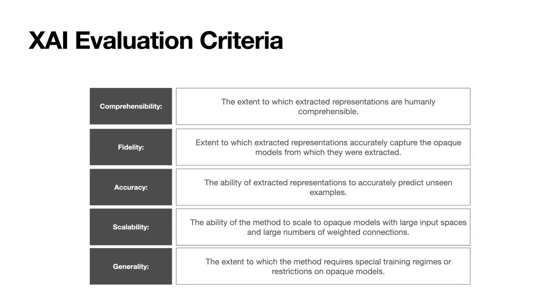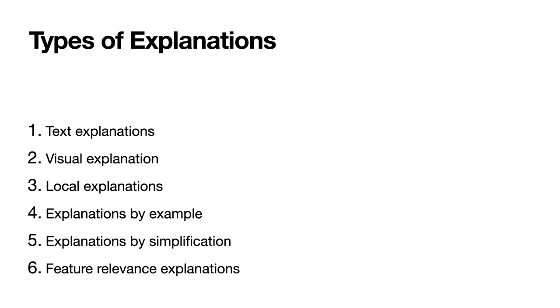And as I said, because some of these properties are difficult to quantify, we are left with more informal arguments about what all of this means, but nonetheless, they're extremely helpful, at least at an intuitive level, to argue why one technique might be better than the other. The other facet to think about is the types of explanations we can offer, and these are fairly self-explanatory for the most part.